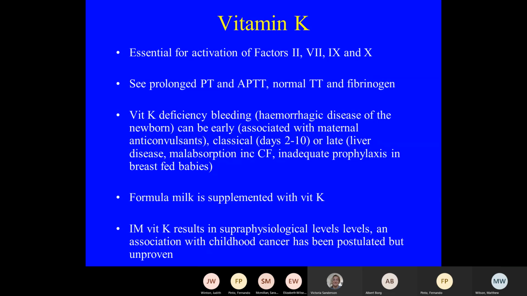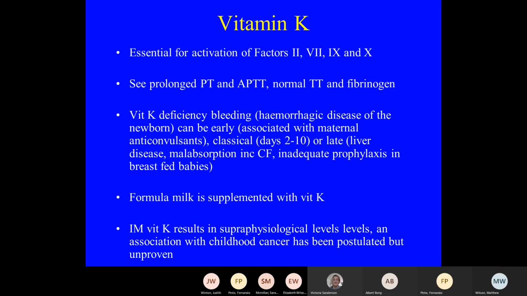Vitamin K deficiency bleeding can cause hemorrhagic disease of the newborn. This can be early, which is associated with maternal anticonvulsants; classical, normally presenting from days 2 to 10 of life; or late, when there are other underlying conditions associated.